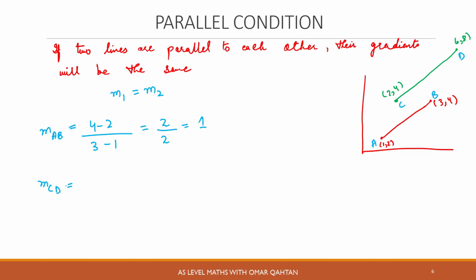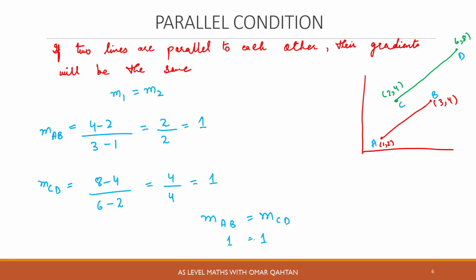So M of CD should be equal to 8 minus 4 upon 6 minus 2, equals 4 upon 4, which should be 1. So see, the answer for M of AB is equal to M of CD. So it means that these two lines are parallel to each other.